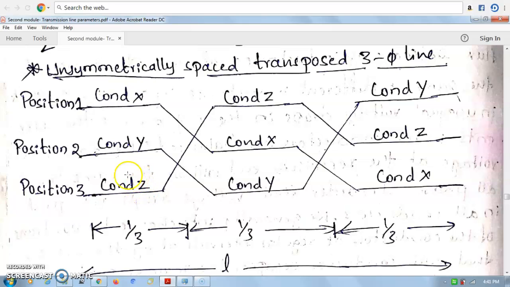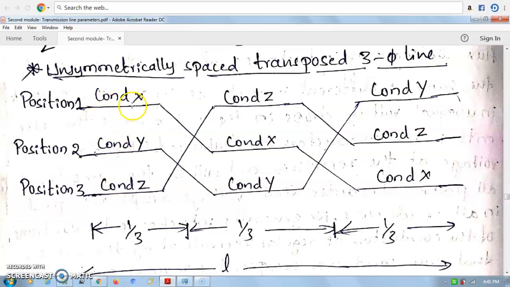Next, conductor Z also produces a flux on the X conductor, the flux due to the Z conductor. The distance between them is 3 to 1 here. How is the order? 1, 2, 3, 3, 1, 2, 3. We can't take 1 to 3 because the order is 1, 2, 3, again 3, 1, 2, 3, like this.